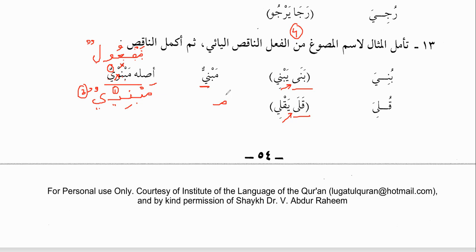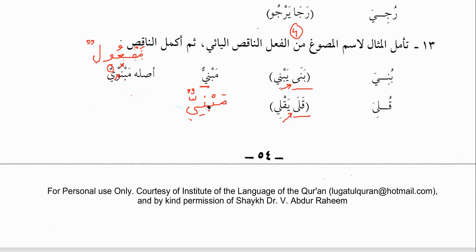Mabniyun. So meme remains, ba with sukoon remains as in the present tense. Then the noon with kasra remains. And what happens to the two ya? It overlaps and a shadda comes with the tanween. Mabniyun. And whenever you pronounce this word, you have to stress at the end because of the two yas. Mabniyun.